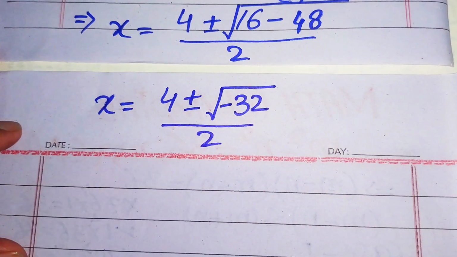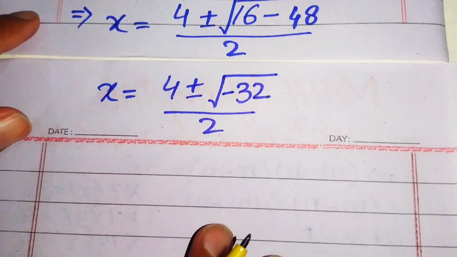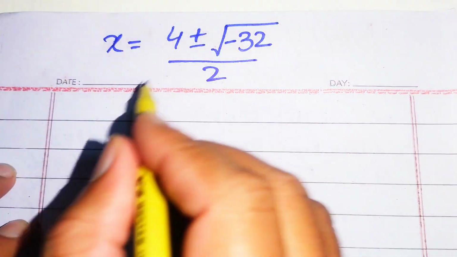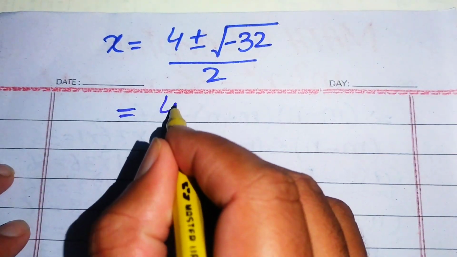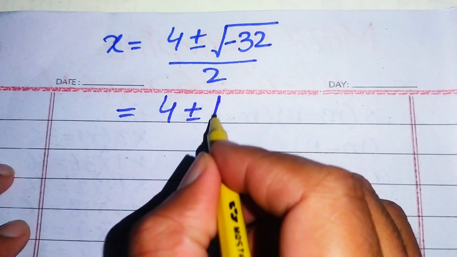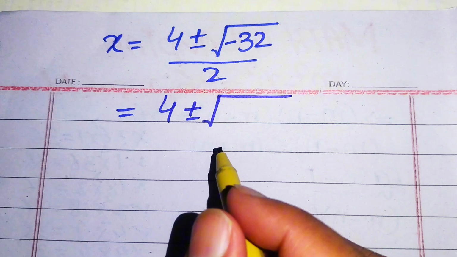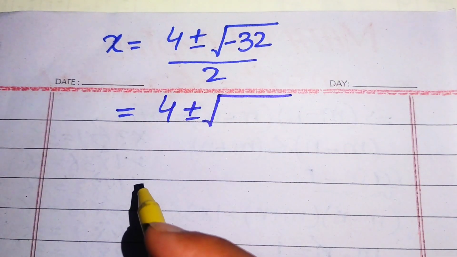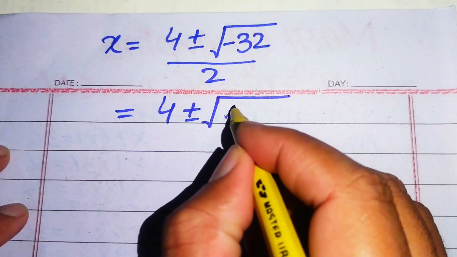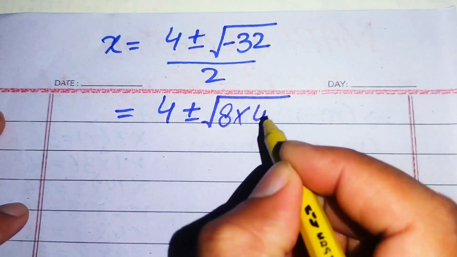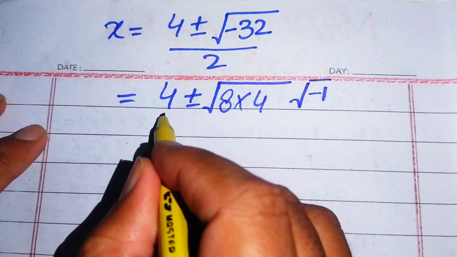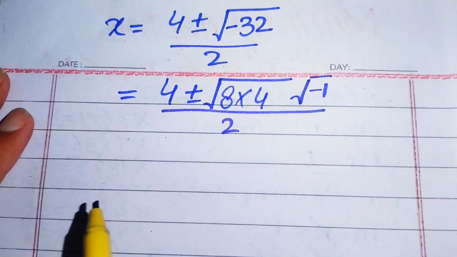And now in the next step we focus on this radical term. So we break this -32 in this form: 4 plus minus square root of -32, and we write this 32 as 8 times 4, and we separate the square root of -1, and this whole is divided by 2.